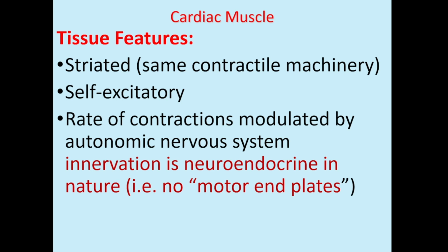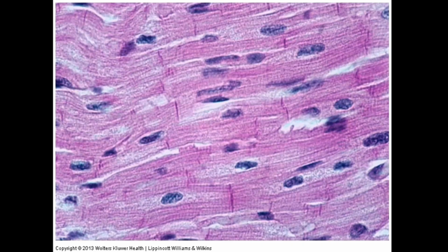It is self-excitatory; its stimulus is self-excitatory and you don't have control over it. Its innervation is autonomic, I can't control it. So is cardiac muscle voluntary or involuntary? It's non-voluntary. It is important to know that under the microscope it has intercalated discs.